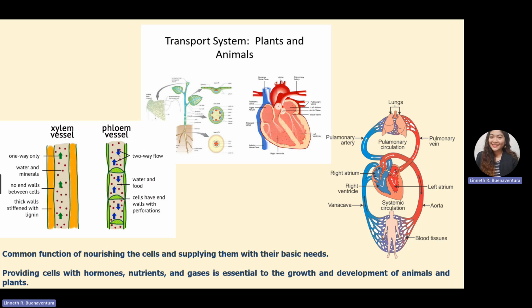The common function of nourishing cells and supplying basic needs are the similarities between the transport systems of plants and animals. Both of these processes provide cells with hormones, nutrients, and gases essential to the growth and development of both plants and animals. So even though they have different structures and different anatomy, they share similar functions.